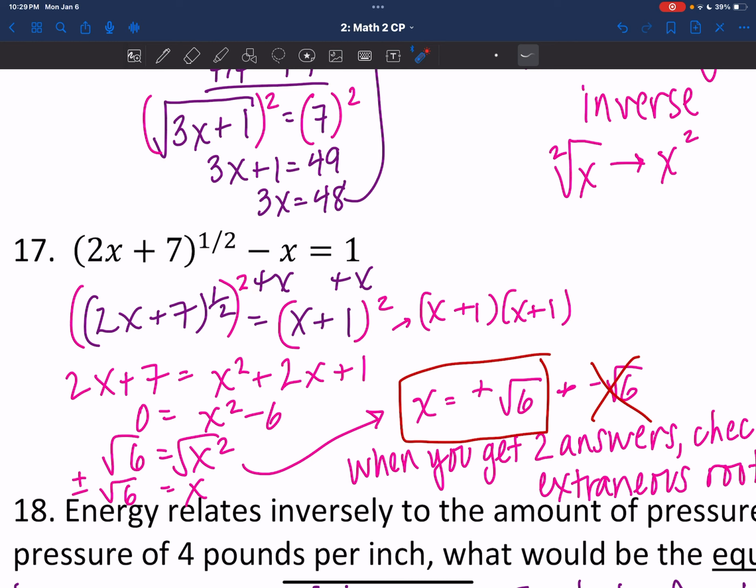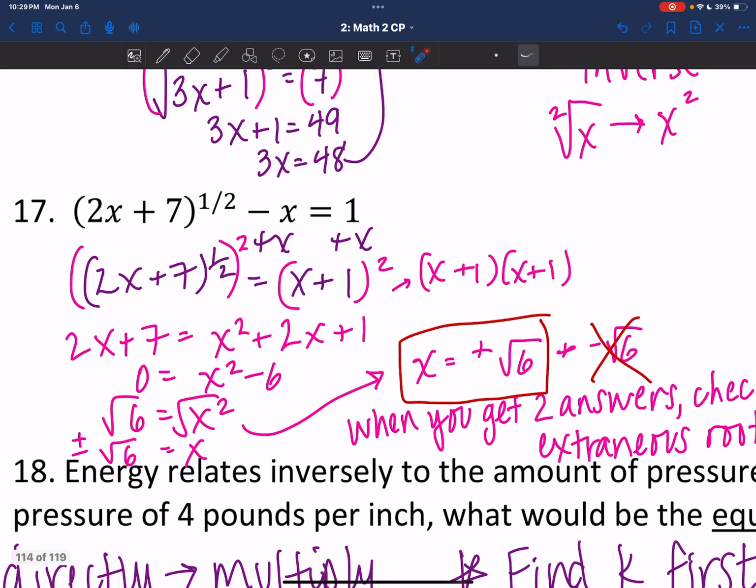Now, what's very important here is this cancels each other out, so you have an exponent of 1. But look here. This is x plus 1 squared. That really means x plus 1 times x plus 1. So you have to distribute all of it, and then you're going to get this. So don't just do x squared plus 1, because that's not what you're going to get.